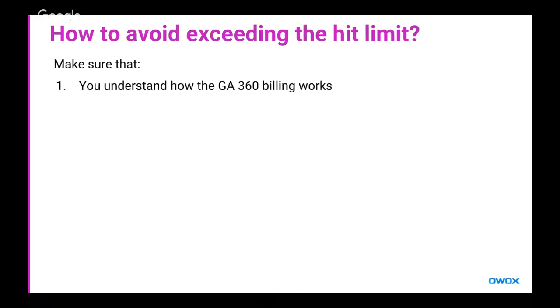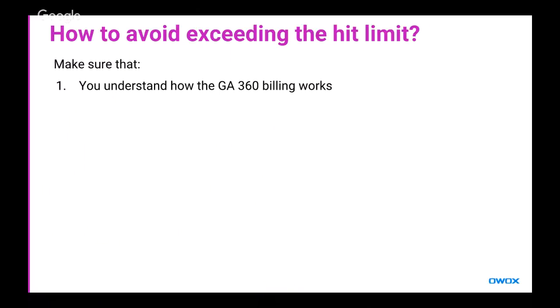Okay, so first of all, make sure that you understand clearly how the GA360 billing works. As I said, you have a number of hits, you have tiers, and the price for each tier.